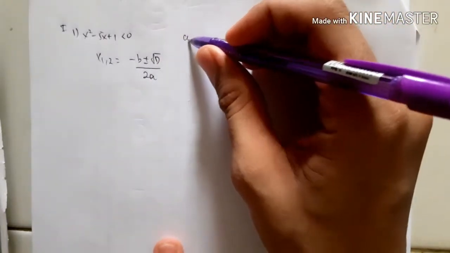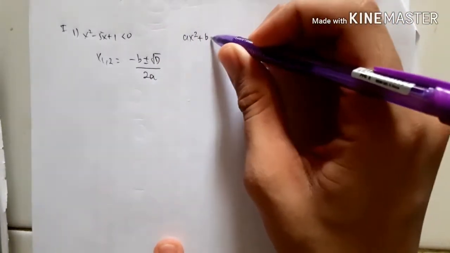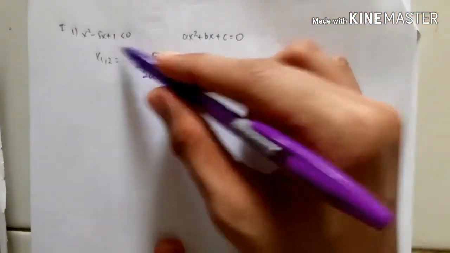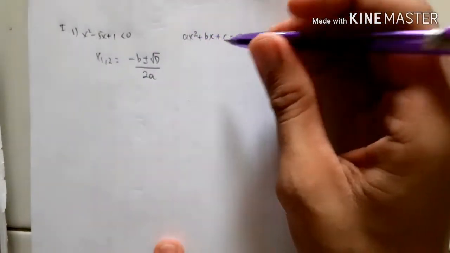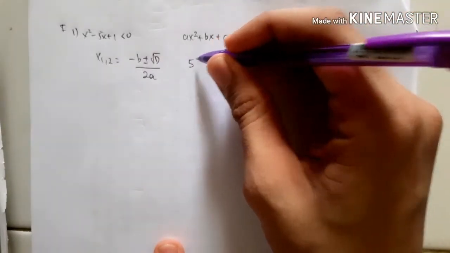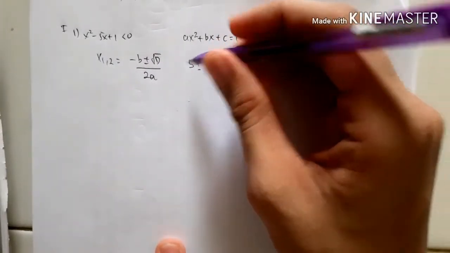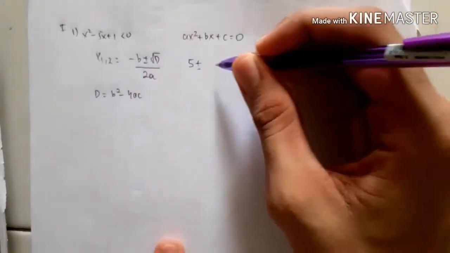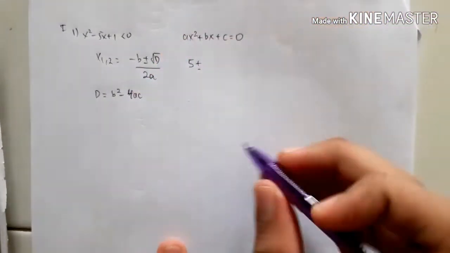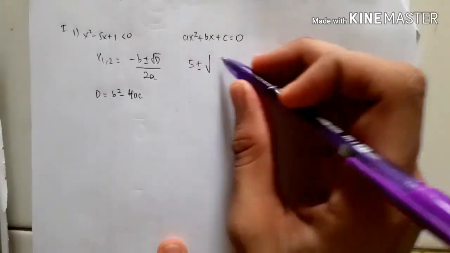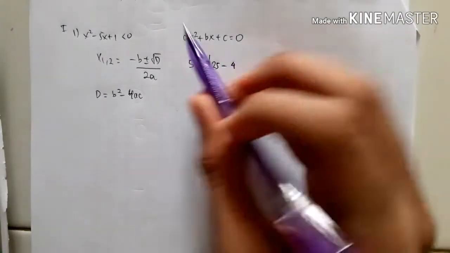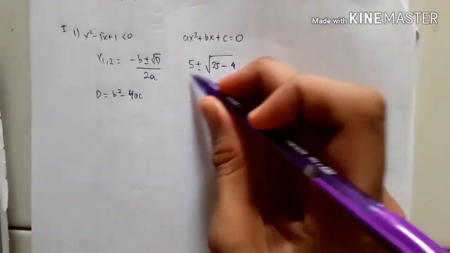You know that the general quadratic equation is this form, right? So b is minus 5, so that is 5 plus or minus. D is the discriminant, b squared minus 4ac. So b is minus 5, we square that into 25, minus 4ac, which is 4.